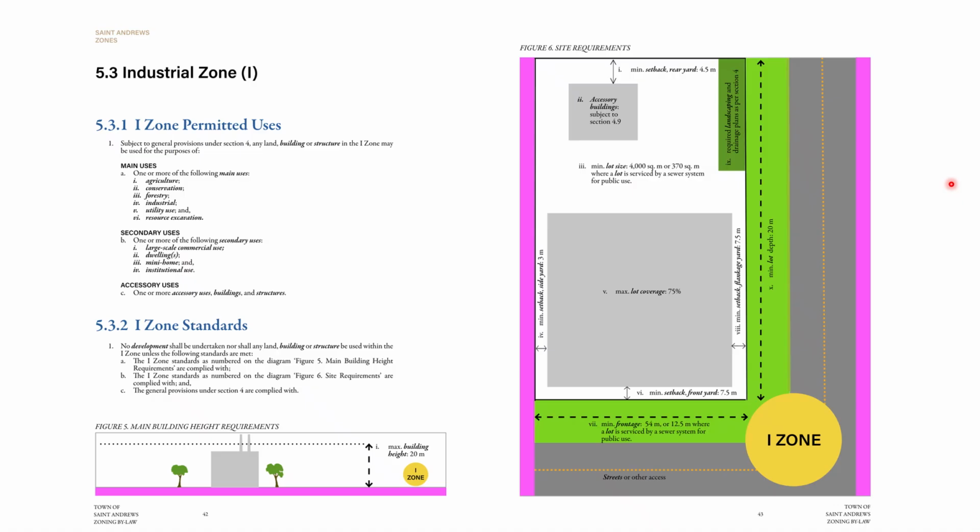You can also have some secondary uses, large-scale commercial uses. So this might be your kind of, your big box stores. Sometimes in industrial parks, there's retail components, but there's still large buildings with big parking lots and things like that.